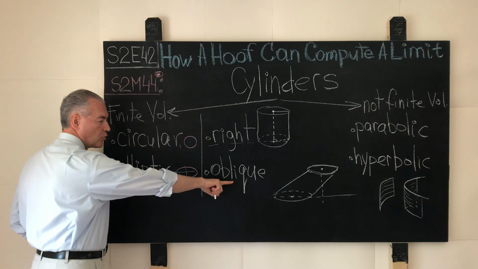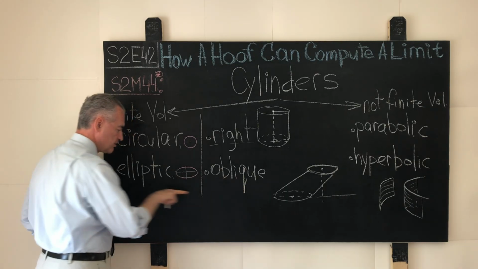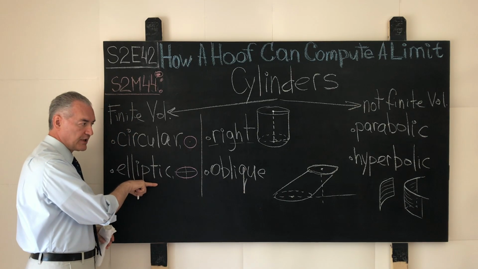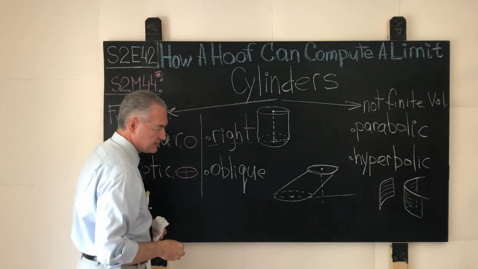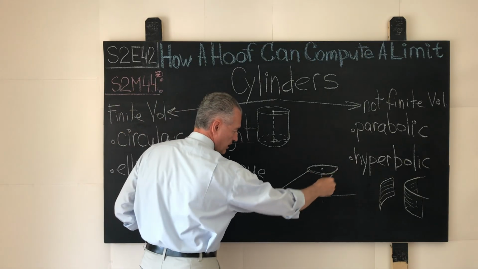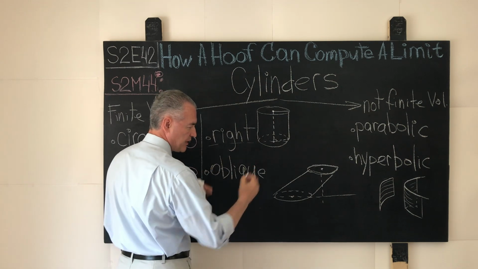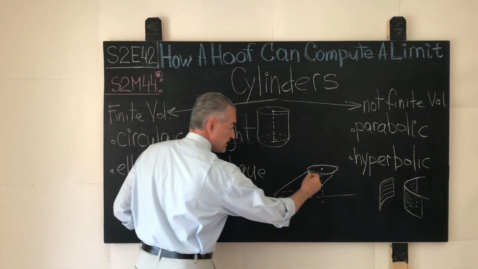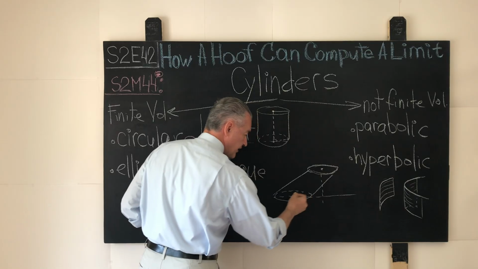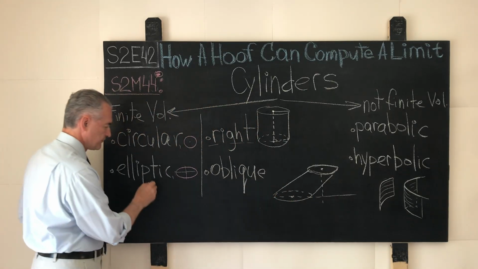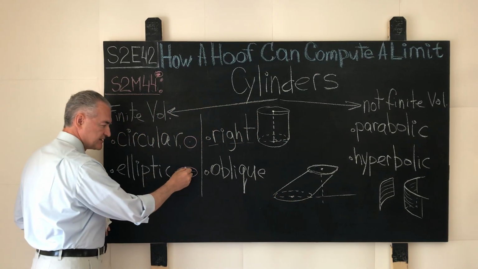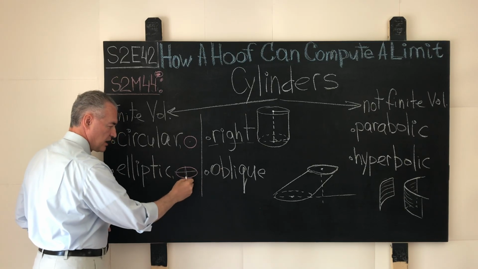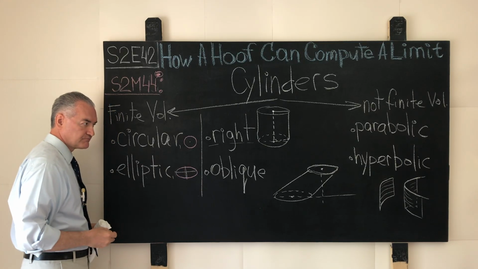And again, an oblique cylinder can be elliptic all day long. That means that the surface of such a cylinder is slanted with respect to its base, but the top face and the bottom face of such a cylinder is what? An ellipse that has exactly the same major and minor axes.